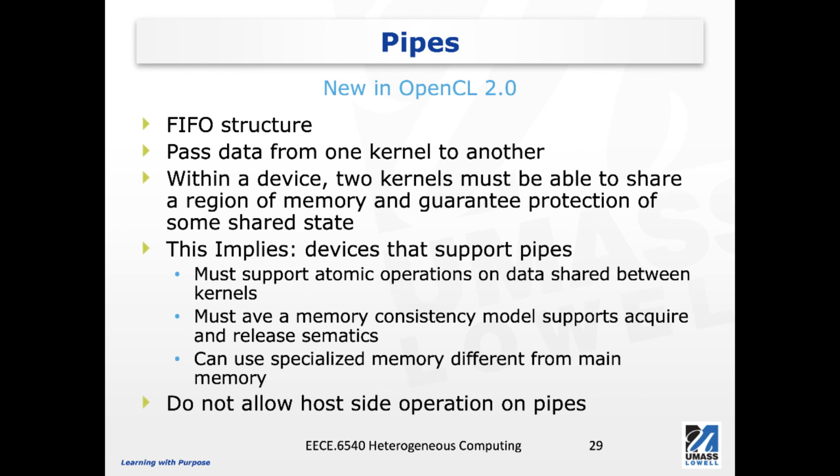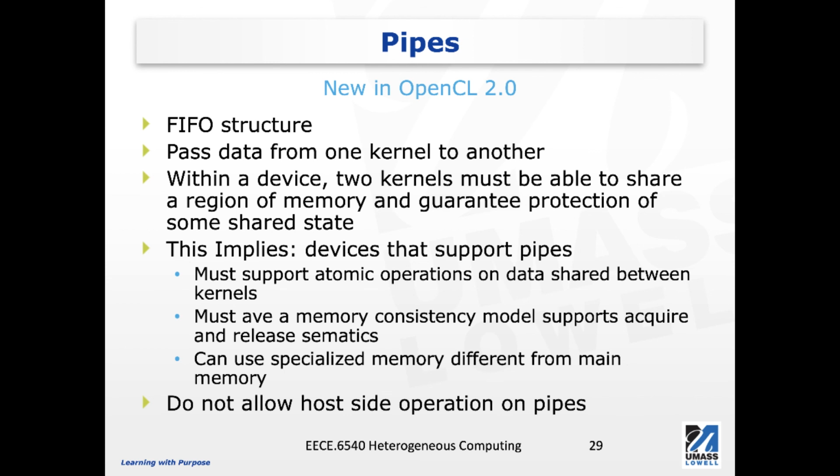Pipes are new memory objects in OpenCL 2.0. They are essentially first in, first out FIFO structures. They are primarily used to pass data from one kernel to another, so that within a device, two kernels can share a region of memory and be guaranteed protection of this shared state.